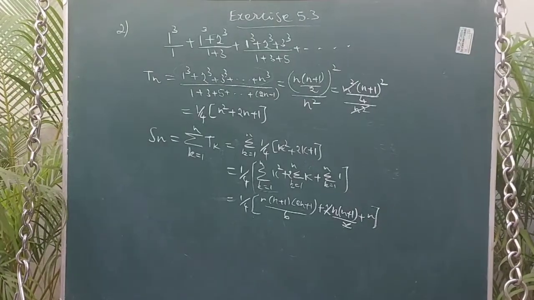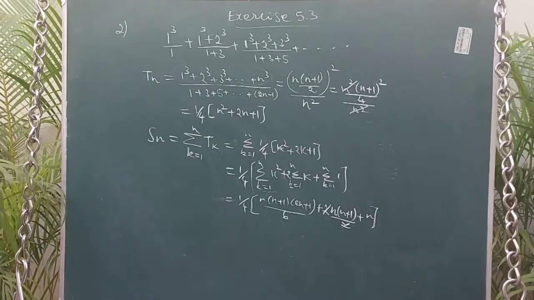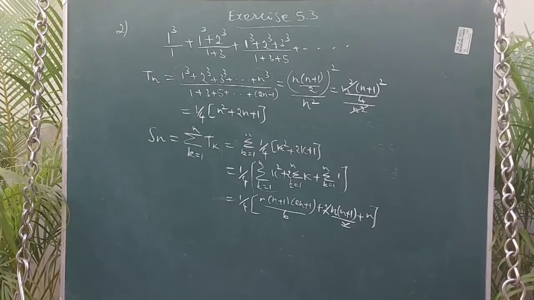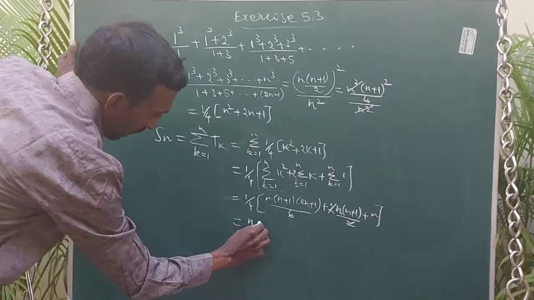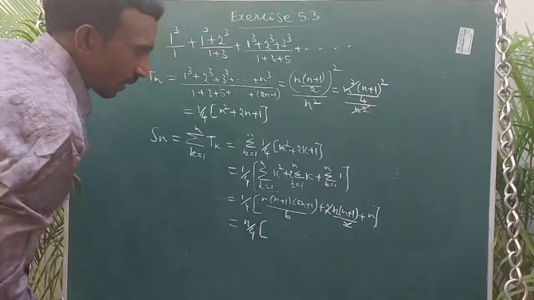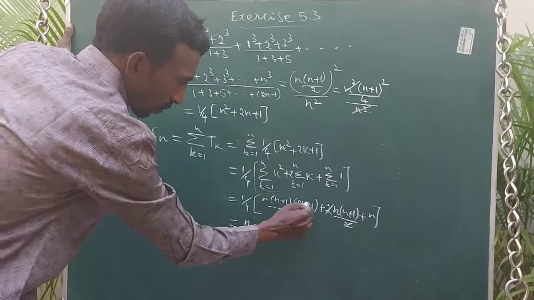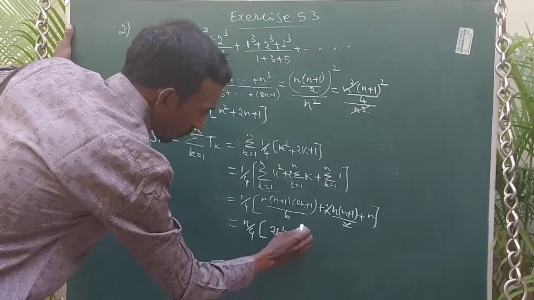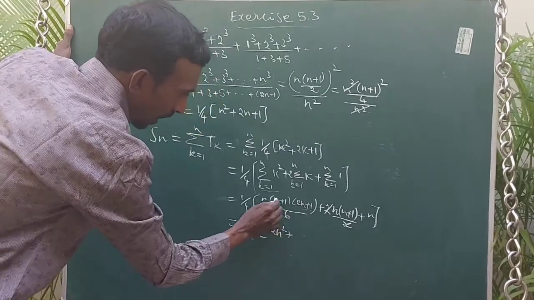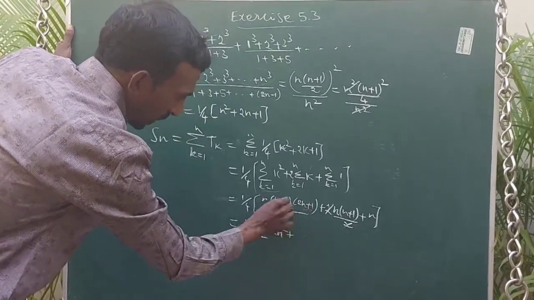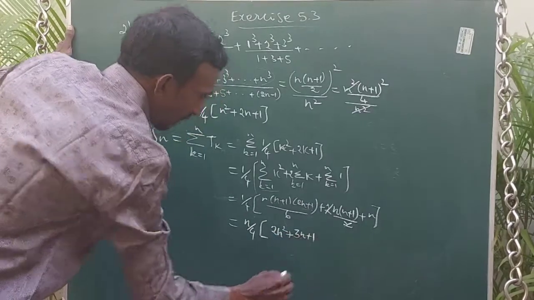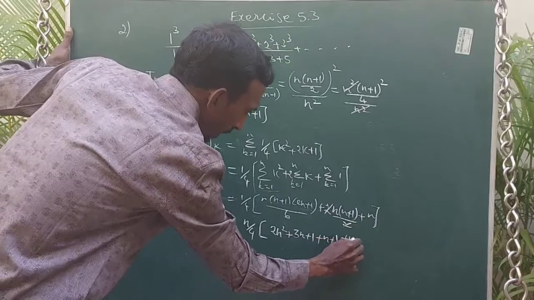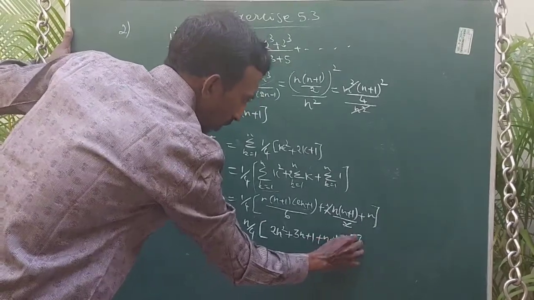Whatever is possible we can take outside. Since n is present in all, we can take it in common. So we are getting n by 4 into the remaining: n plus 1 into 2n plus 1, 2n square plus n plus 2n, I am writing simply 2n square, n plus 2n, 3n plus 1. Similarly here, n plus 1 plus n, already we took, plus 1.